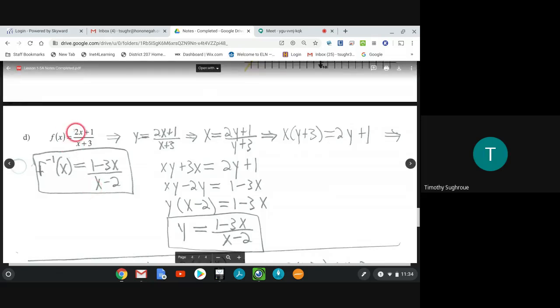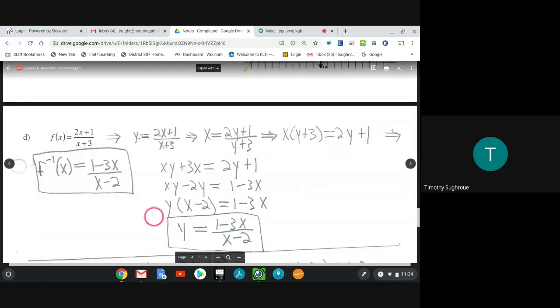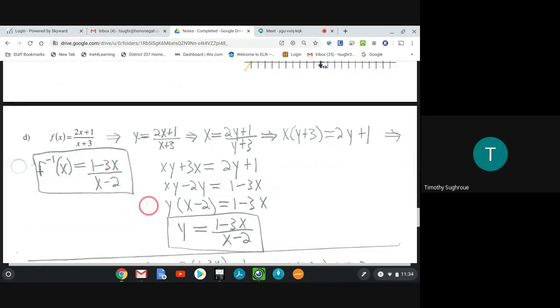Here, the horizontal asymptote was y equals 2. Degree on top, same as degree on the bottom. So look at the coefficients of the highest degree terms, 2 over 1, y equals 2. Should be the vertical asymptote here. Yep. What makes this denominator equal 0? 2, x equals 2. So we are pretty sure that these are inverse operations.